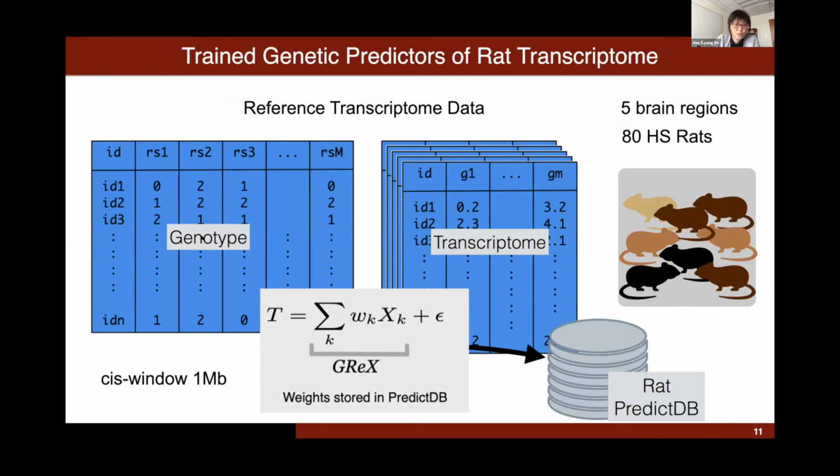So this is the genotype matrix where rows are rats, columns are different SNPs, and the transcriptome data for the 5 different brain regions. The prediction is, as I said before, one gene at a time with this linear model. So we did this and saved it into a rat prediction database.